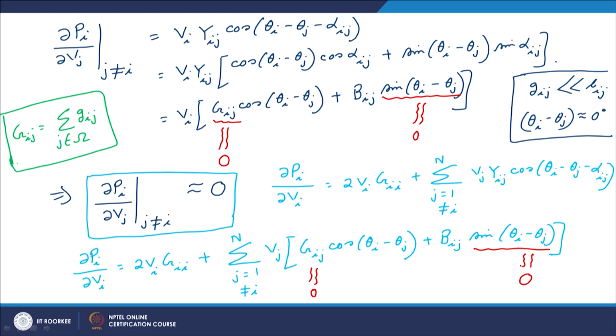Because all g_ij are very negligible, their sum total would also be very, very small. So, then G_ii would also be very, very small. So, for all practical purposes, G_ii would also be 0. So, therefore, del pi by del V_i would also be 0.